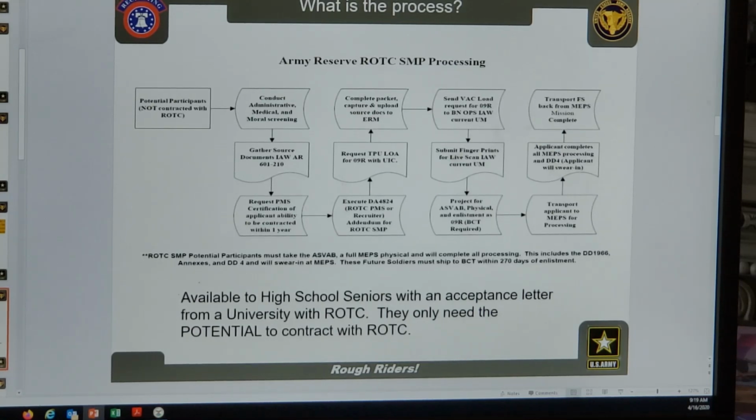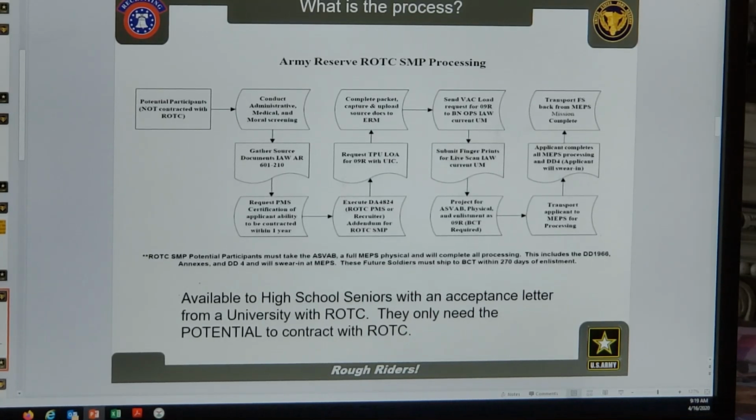The certification of the applicant's ability to be contracted within 1 year is from the time of enrollment to ROTC. So if you're a senior in high school right now with the acceptance letter to Oklahoma University, and they start school, let's just say for instance, 1 September, what the PMS is certifying is that this person has the ability to be contracted within 1 year of enrollment to ROTC.